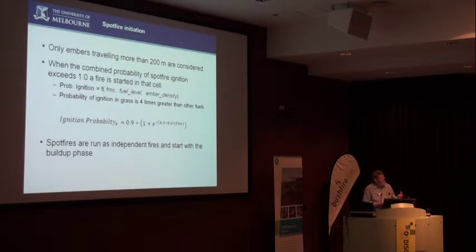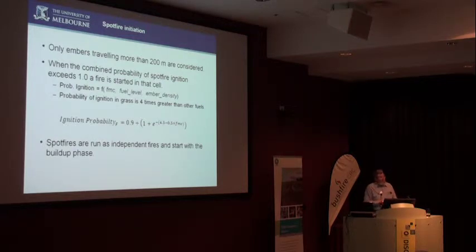Here we use Stuart Matthews' fuel moisture model because it's more accurate than the MacArthur relationship. Once we get to an ignition probability of 1, we start a fire in that cell, and it's only once we get to that point. We recognise that there could well be spot fires elsewhere, but the probability is too low for us to start it as a new fire.